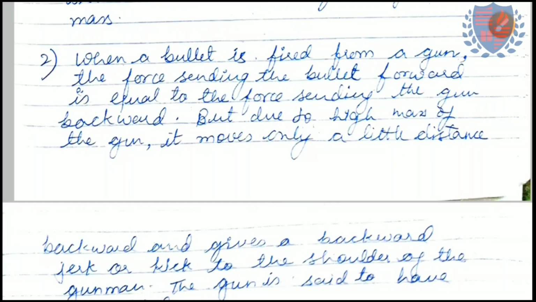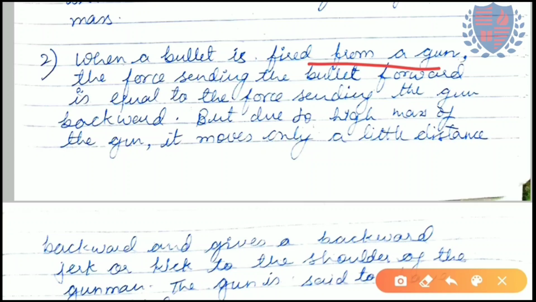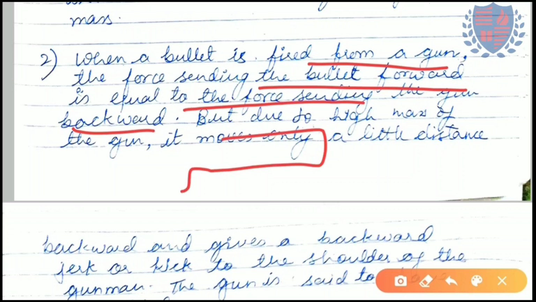Now come to the best example, that is when a bullet is fired from a gun. The force sending the bullet forward is equal to the force sending the gun backward. Suppose this is the gun. A bullet is fired from the gun. So what happens?